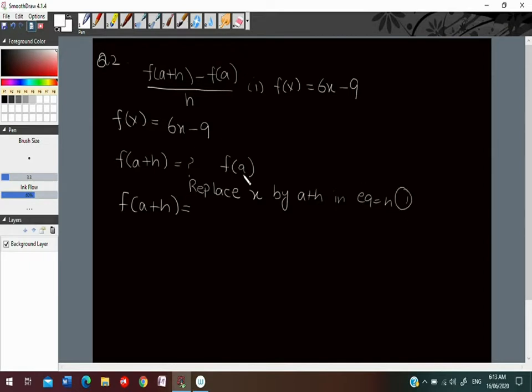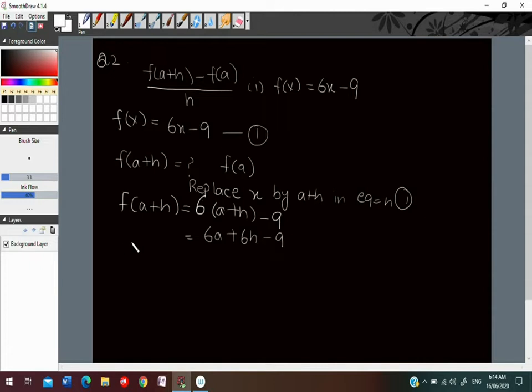This is our equation number 1. We write a plus h at the place of this x, and similarly we write 6 and replace this x again with this a plus h. So 6 into a plus h minus 9, and 6a plus 6h minus 9.